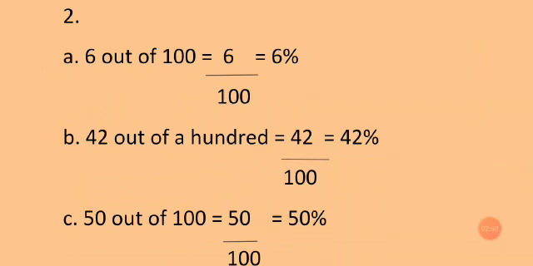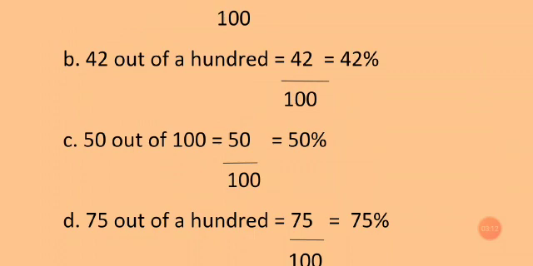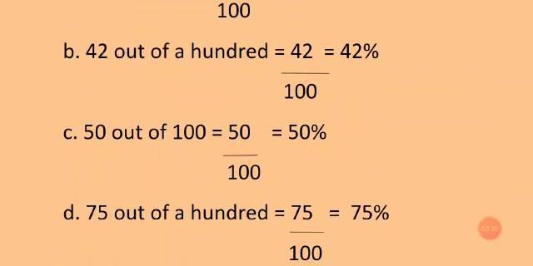So 2A, 6 out of 100 equals 6 over 100, which equals 6%. 2B, 42 out of 100 equals 42 over 100, which is equal to 42%. 2C, 50 out of 100 equals 50 over 100, which equals 50%.